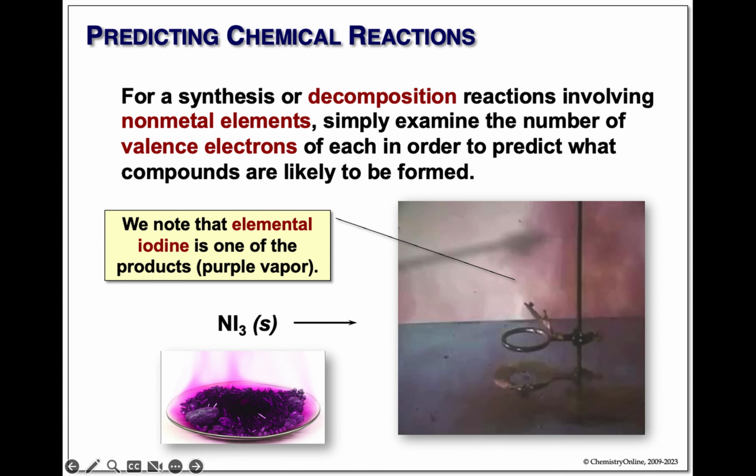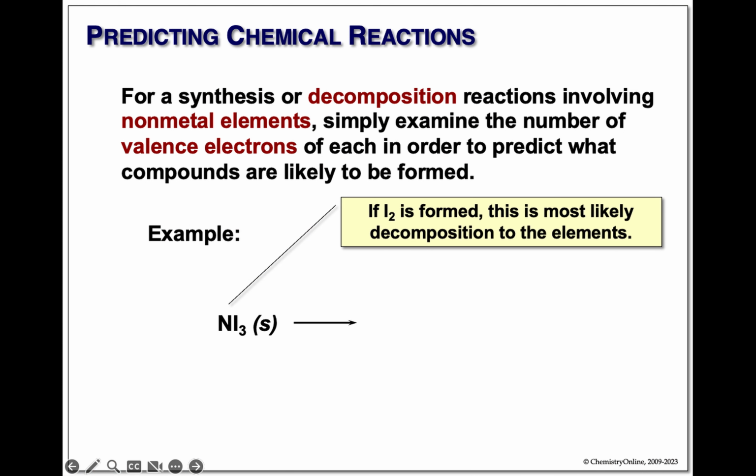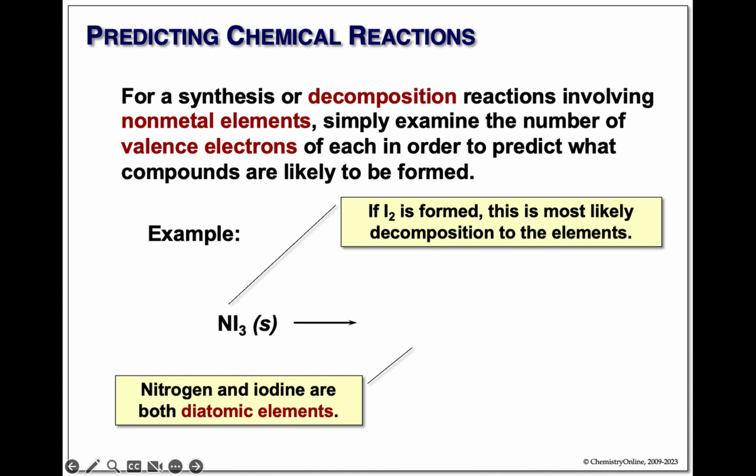And it has a very high vapor pressure, so it gives off purple fumes. The best guess here is that this is iodine as I2. Probably decomposition into elements. Nitrogen will give us N2, iodine I2. Now once again, go ahead and balance it.